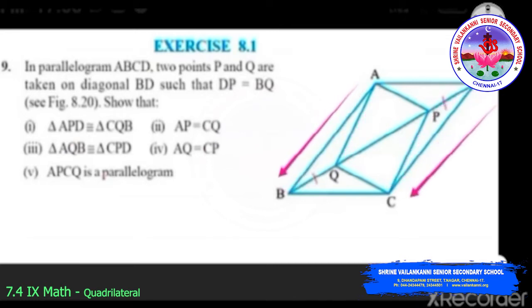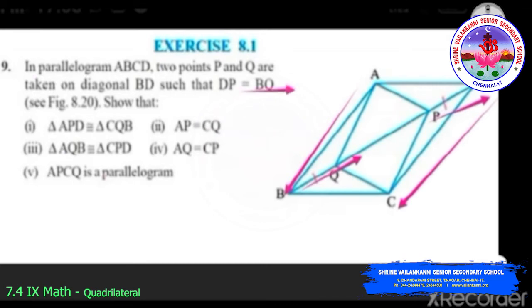Take AB as parallel to CD and BD is a transversal, so I can relate the alternate interior angles: CDP is equal to ABQ. We know that AB and CD are equal in length, opposite sides of the parallelogram, and DP is equal to BQ, already given in the statement. So using this, I am going to prove that triangle AQB is congruent to triangle CPD.